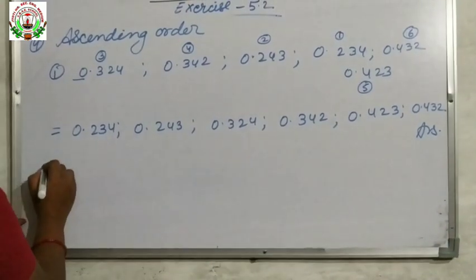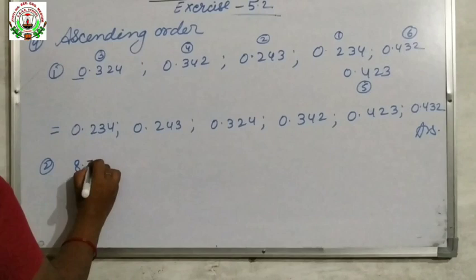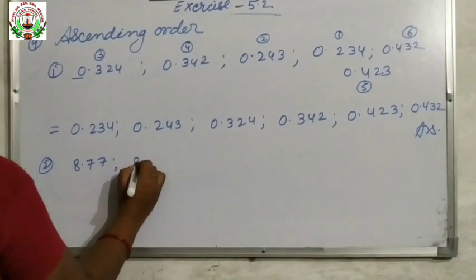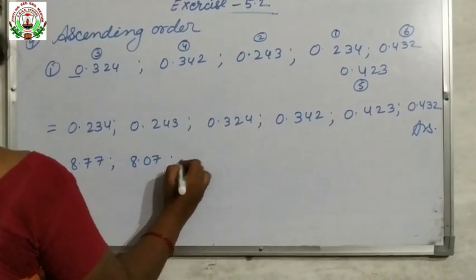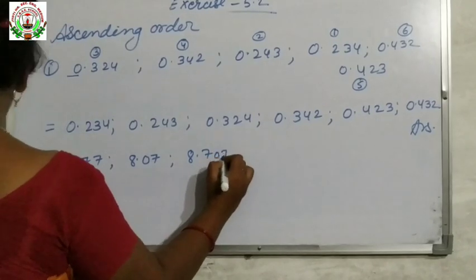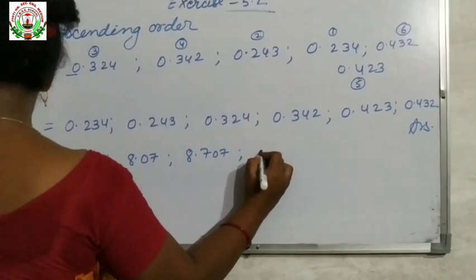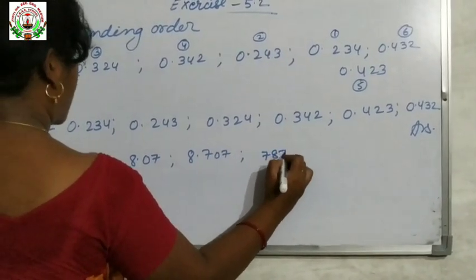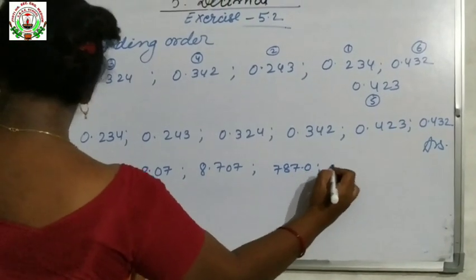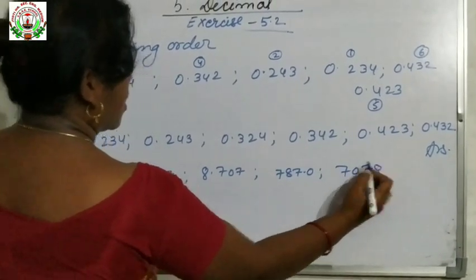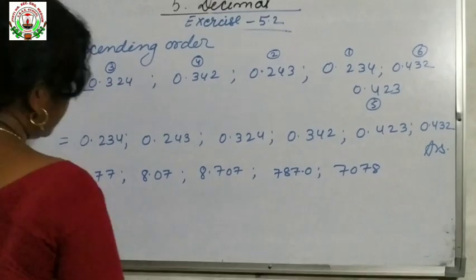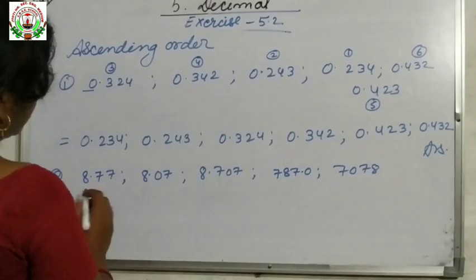Similarly, we can see question number 2: 8.77, 8.07, 8.707, 787.0, then 7078. Look here, smaller to bigger again.